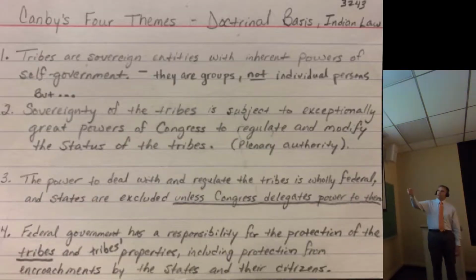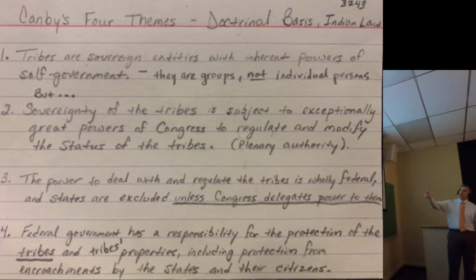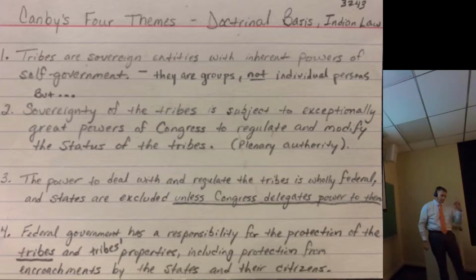Now, going back to William Canby, he identifies what he calls four themes of the doctrinal basis of Indian law. And these are really pretty interesting. So Canby's four themes, and these are observations that he's made. Number one, tribes are sovereign. They're sovereign entities.